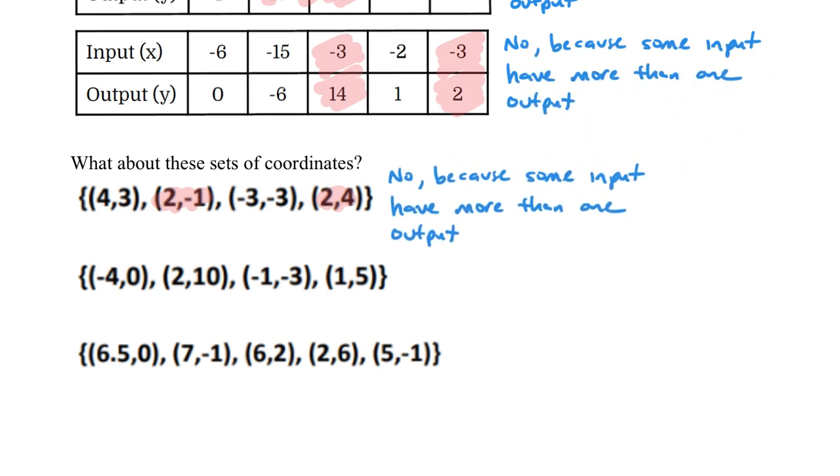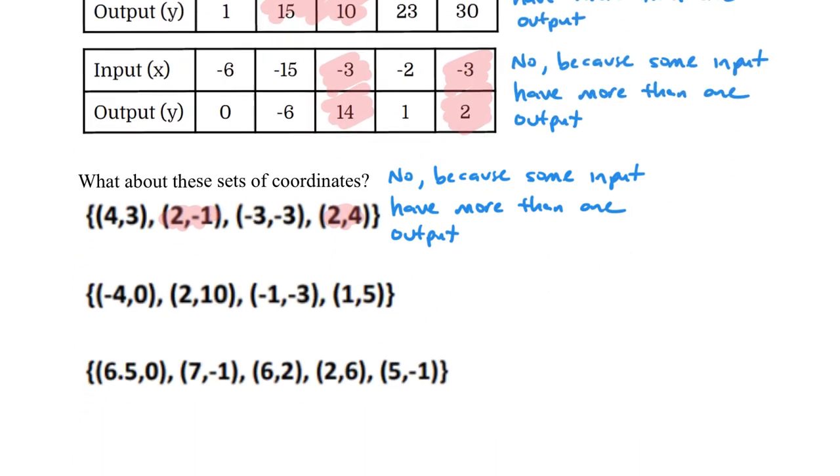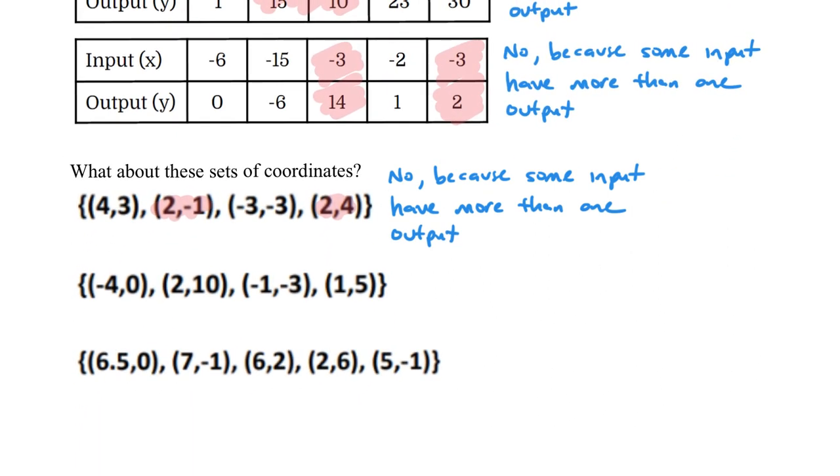What about the next one? Inputs are -4, 2, -1, and 1. No repeated inputs means each input has exactly one output, so this would be yes. Each input has exactly one output.